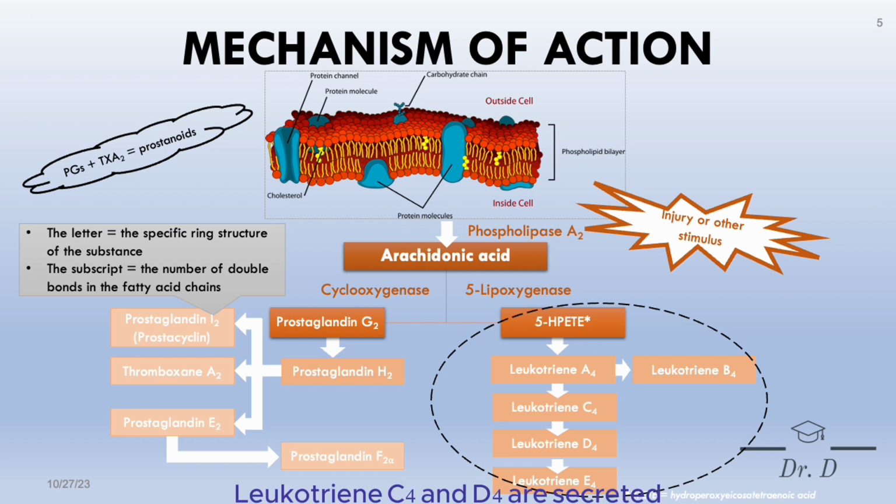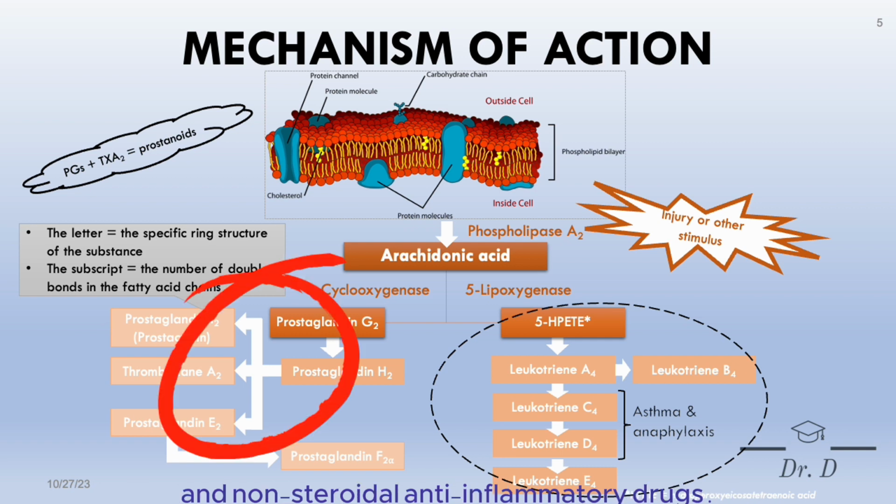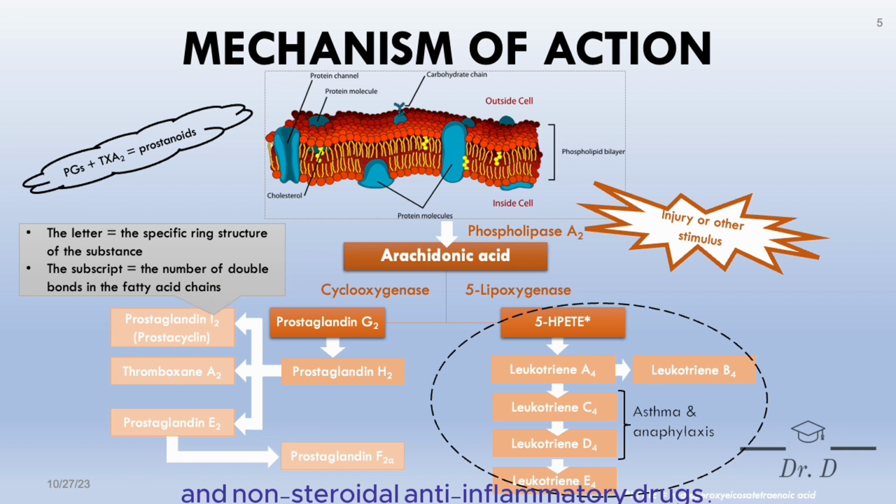Leukotrienes C4 and D4 are secreted in the presence of asthma and anaphylaxis and play a major role in bronchospasms. For this video, however, I will focus on prostaglandins and non-steroidal anti-inflammatory drugs.